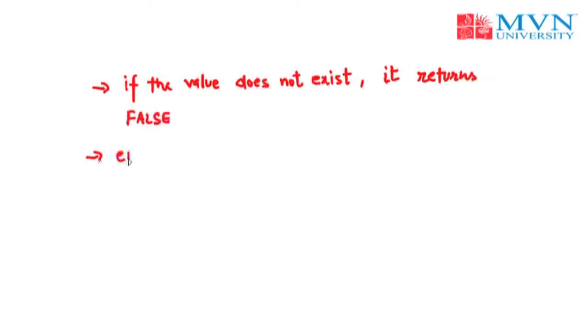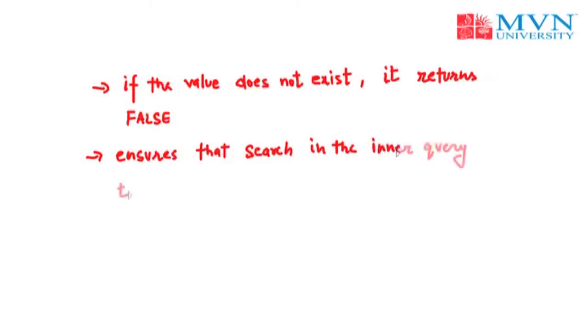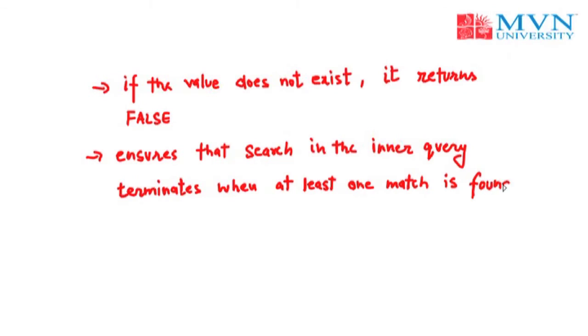The EXISTS operator ensures that the search in the inner query terminates when at least one match is found. Similarly, there is a NOT EXISTS operator, which enables you to test whether a value retrieved by the outer query is not a part of the result set of values retrieved by the inner query.